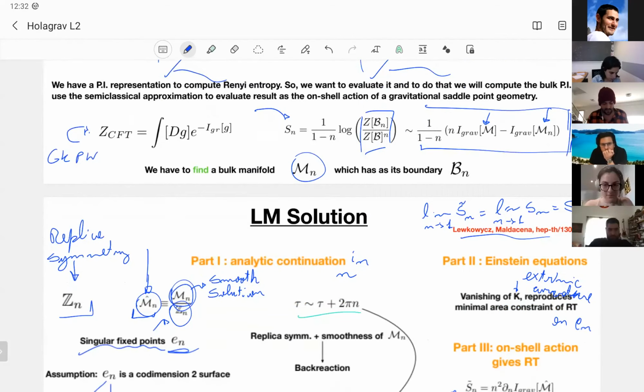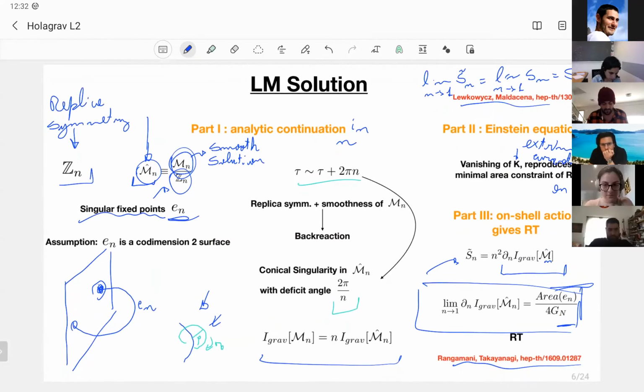But at the end, you have a certain symmetry on the replica manifold. It's natural to try to extend it to the bulk, I think, from AdS/CFT considerations. It's something natural. Then they realized how to do it. Okay, very good. But this is just a bulk.